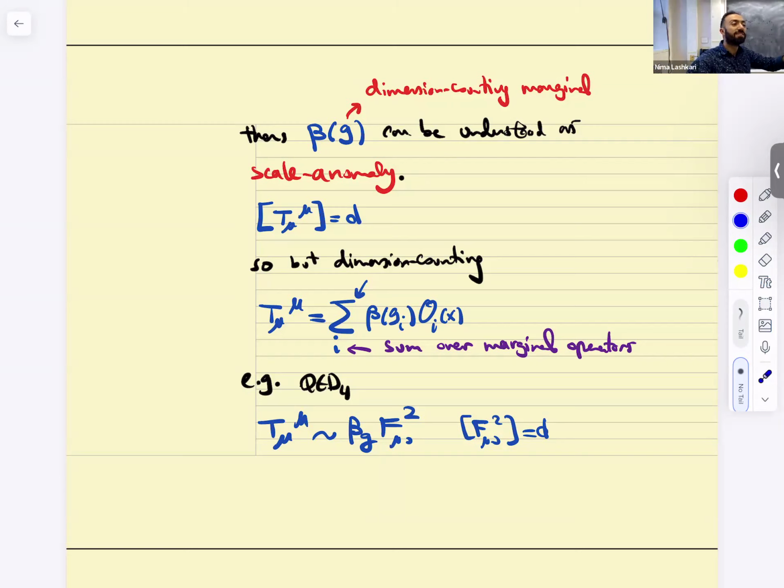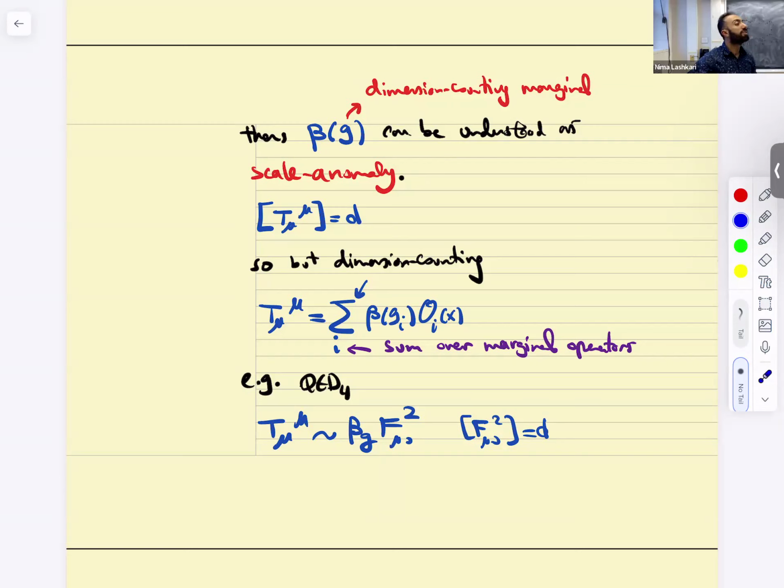There are lots of subtleties here that I'm hiding. If I remember, we saw that, for example, those have to do with explicit violations. That wasn't scale anomaly. What you were calculating in scalar field theory was not at all a scale anomaly.